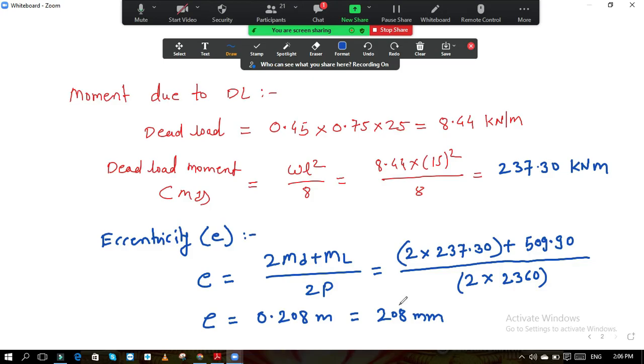This is the eccentricity, 208 mm. So this is the last step.